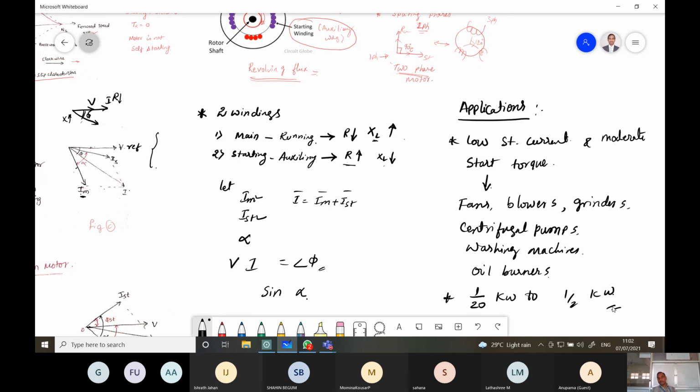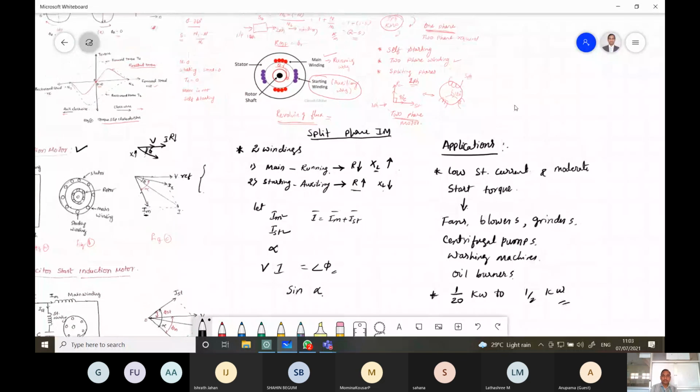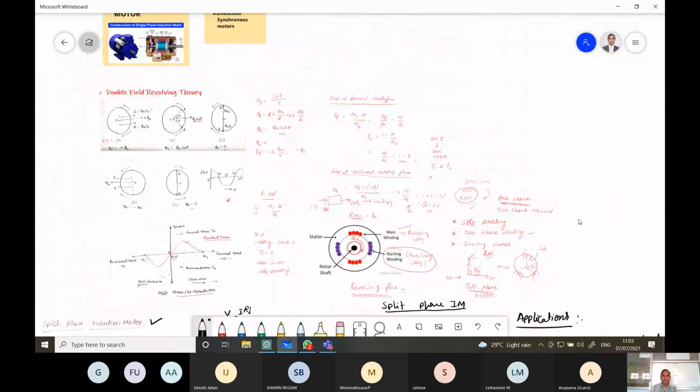So this is about the split phase single phase induction motor. In the next class we will discuss the capacitor start and capacitor run induction motor. I hope all of you got the concept from today's class.